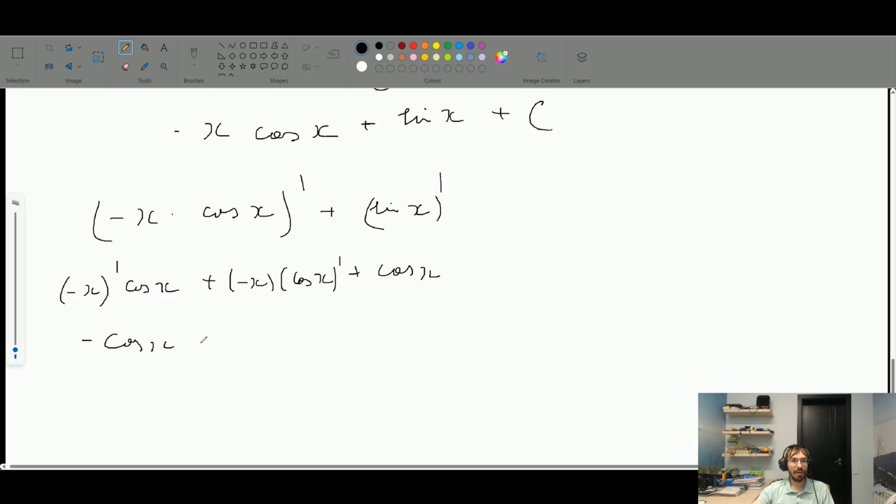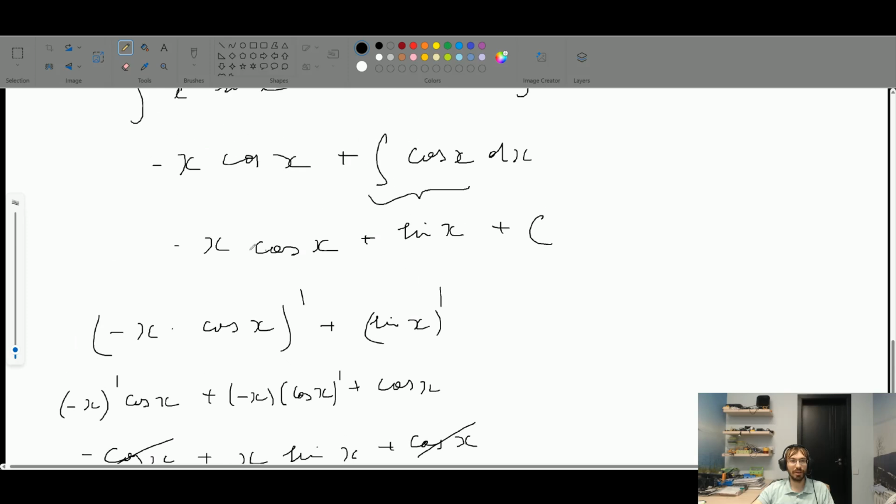Then minus x, and from cos I get sine, but I get minus sine, so here the sign will change to plus, x sin x, and then plus cos x. Therefore cos x can be simplified, it goes out, and the result is exactly x sin x. That's what we started from. It means that the integral was taken correctly.